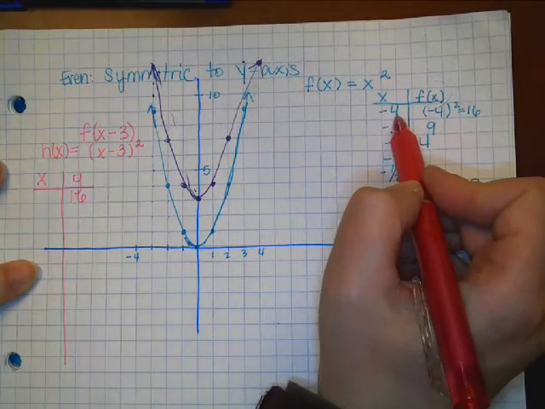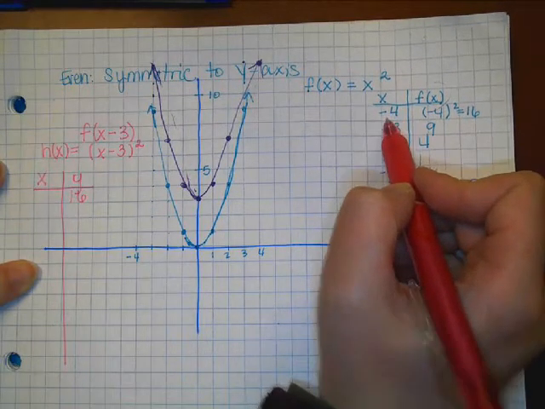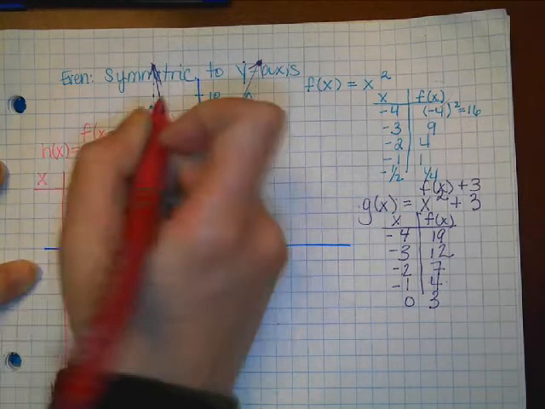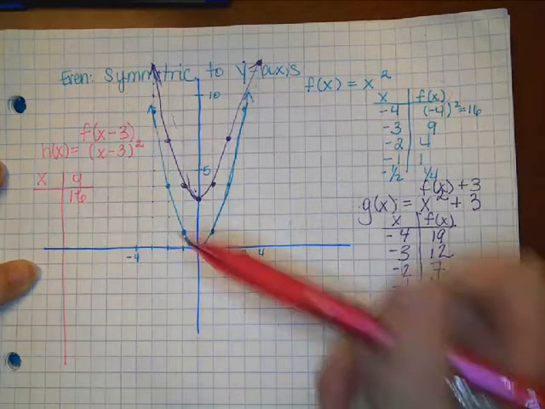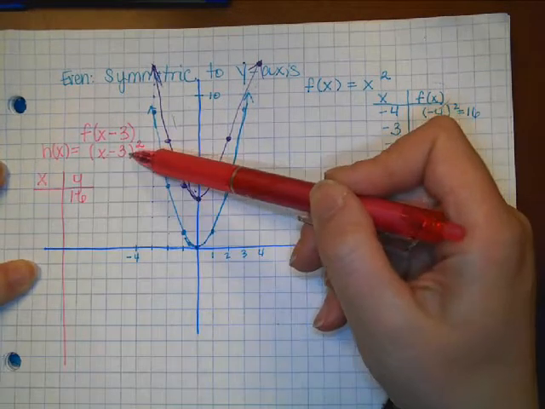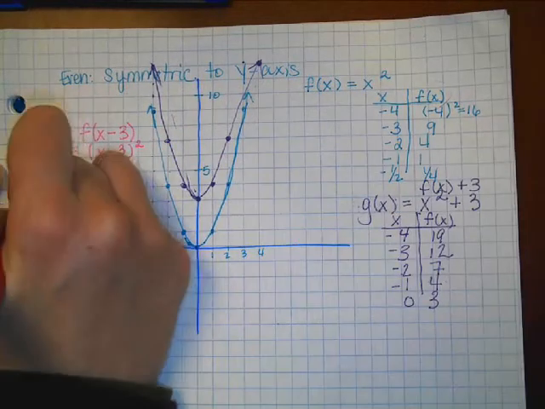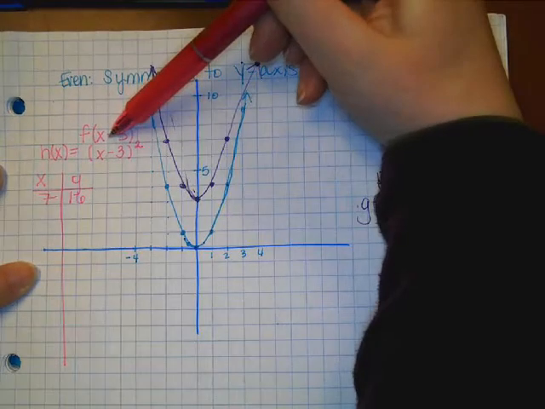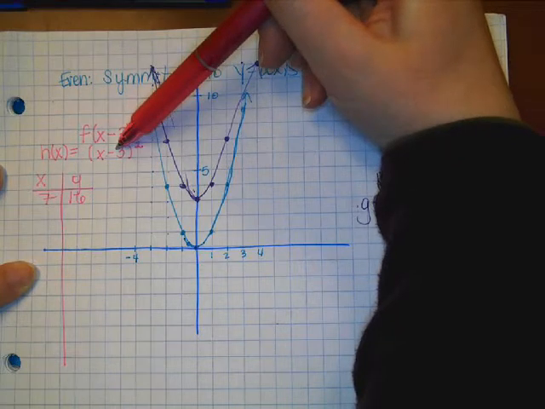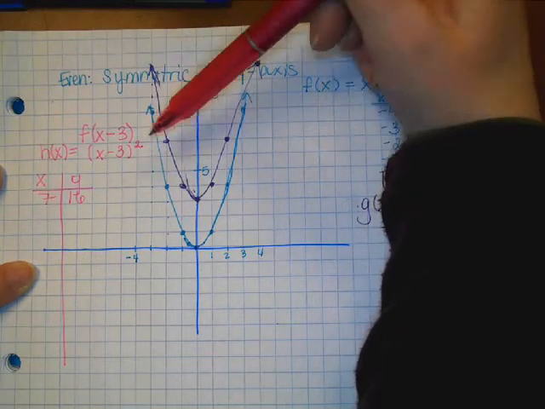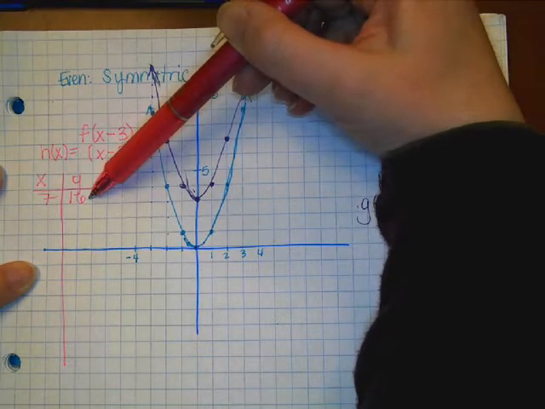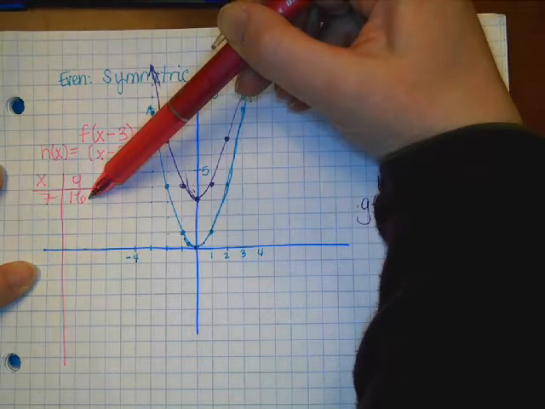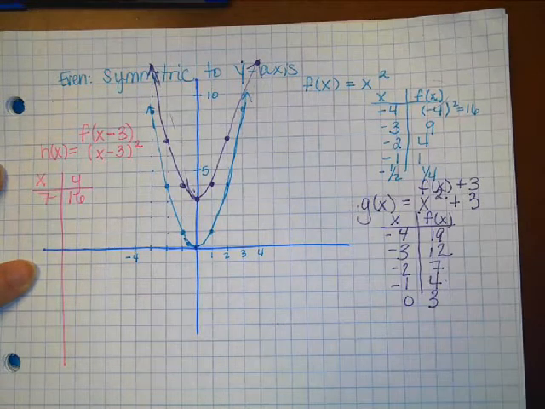So 16 should be -4 plus 3, okay, because it's inside, it's opposite what we think. -4 plus 3 is 7. So when x is 7, I have 7 minus 3 squared, which is 4 squared, which is 16. Right? So I'm actually adding 3 to all of the x's.